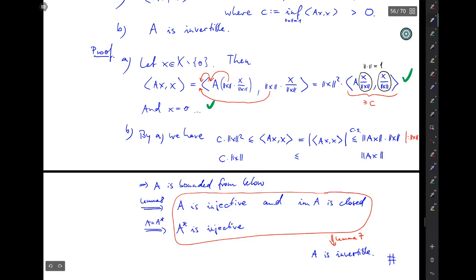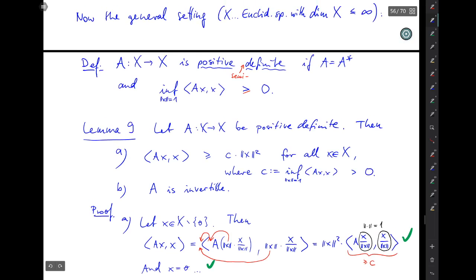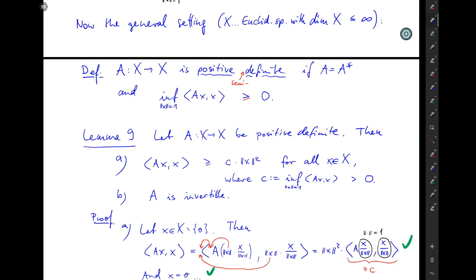Maybe you're wondering why the proof of B was not easier, because we've been speaking about eigenvalues before, and we said positive definite means all eigenvalues are positive, so no eigenvalue can be 0, so A must be invertible. Well, now we are infinite dimensional, and in this infinite dimensional setting there could be spectral values that are no eigenvalues, and as soon as one of them is 0, then A is not invertible.